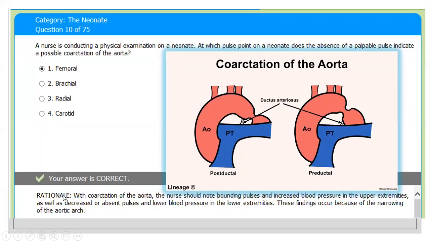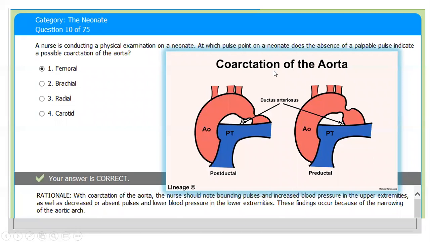Why? With coarctation of the aorta, you can see the picture. This is the small duct, called the ductus arteriosus, and this is the arch of the aorta. So if the aorta is narrowing like this, right?